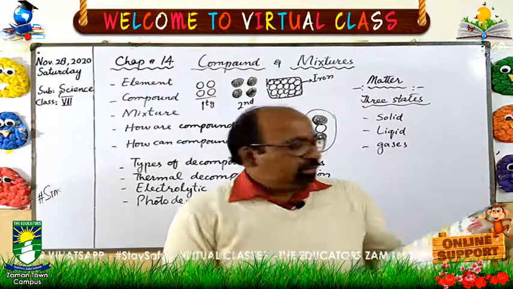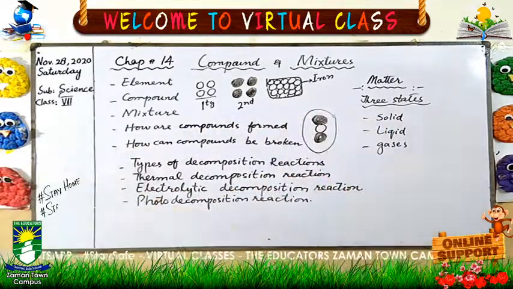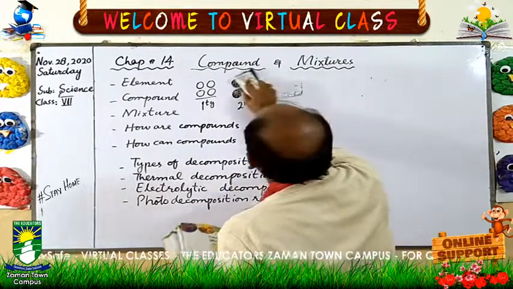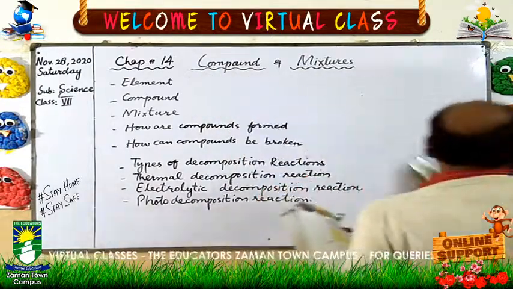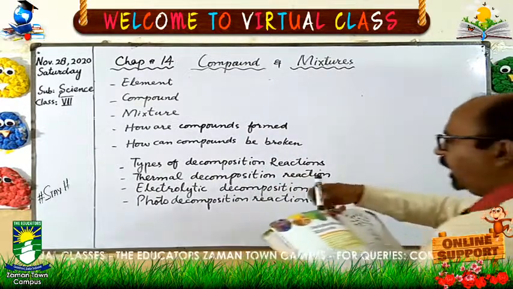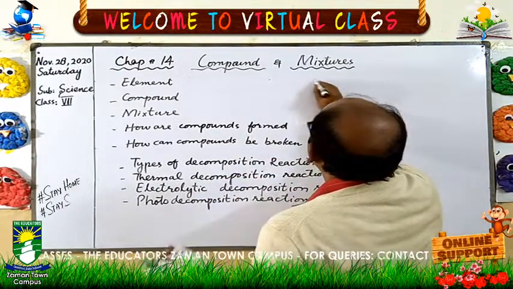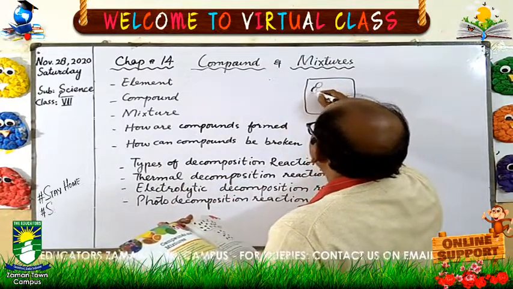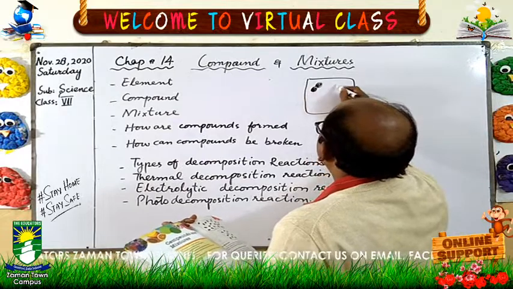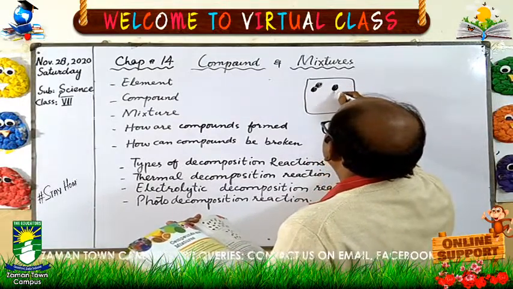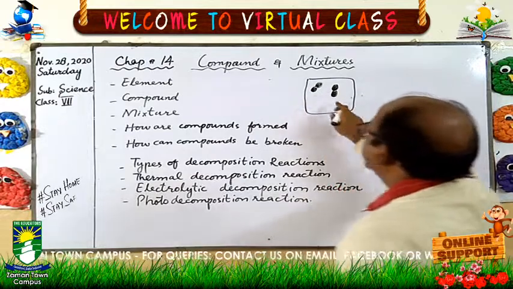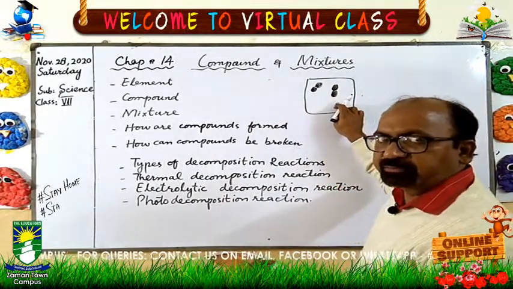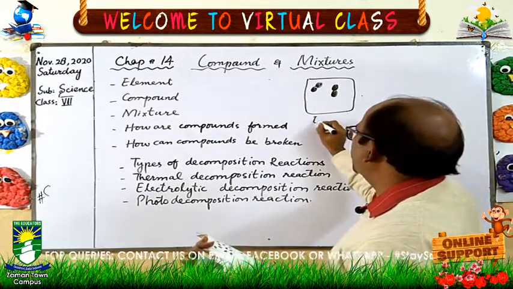For example, I'm going to show you as shown in your book. These are the same type of atoms. These are called elements.